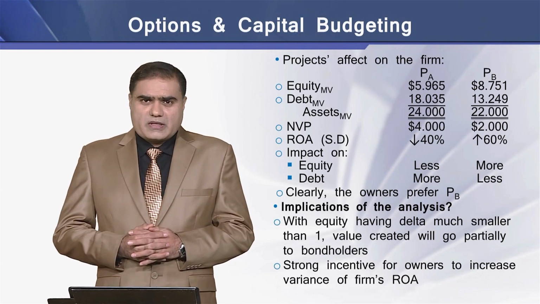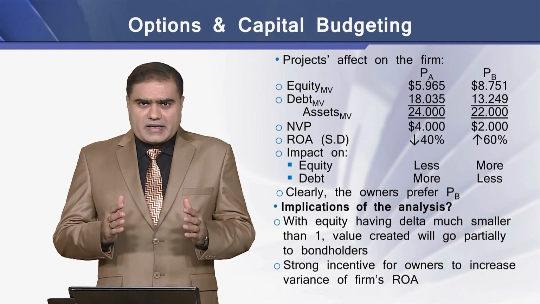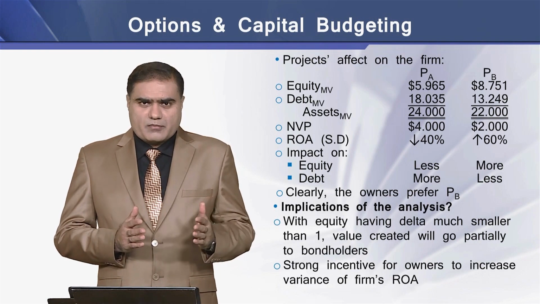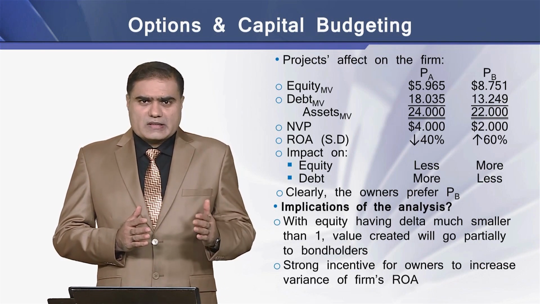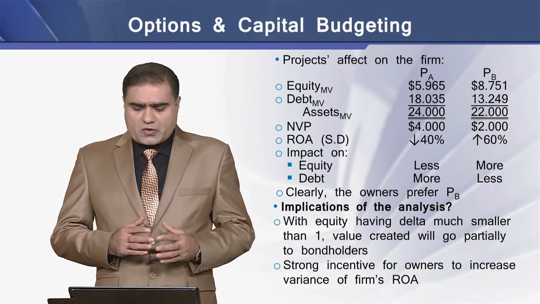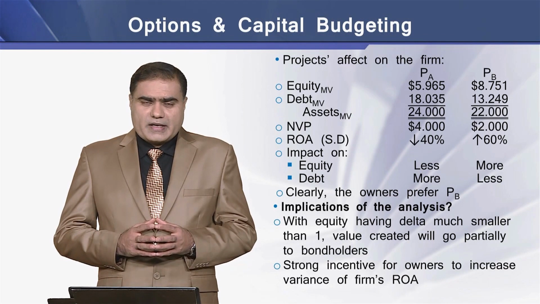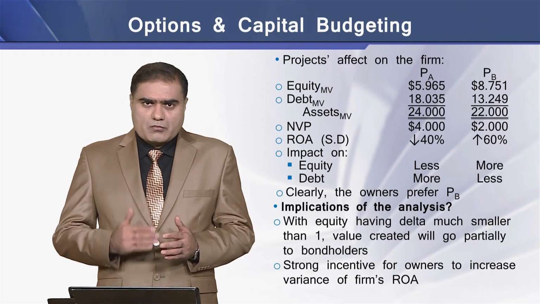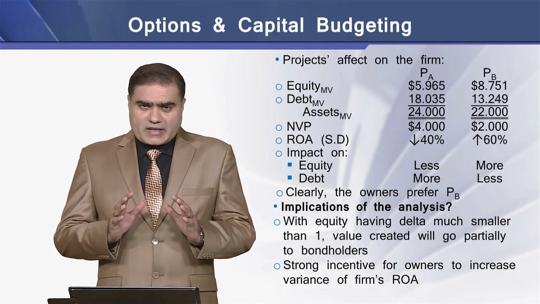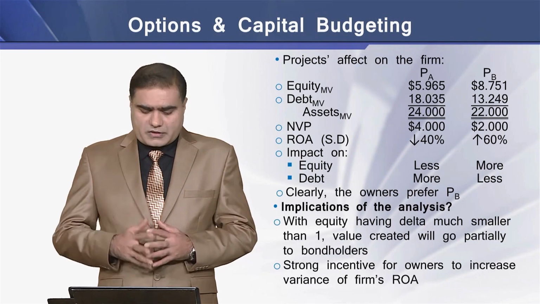And if we see the impact, with Project A both the shareholders and the bondholders are gaining, but bondholders are gaining relatively greater than the shareholders. For Project B, the equity holders are gaining more than the debt holders. So we can say that clearly the shareholders of the firm will go for Project B.